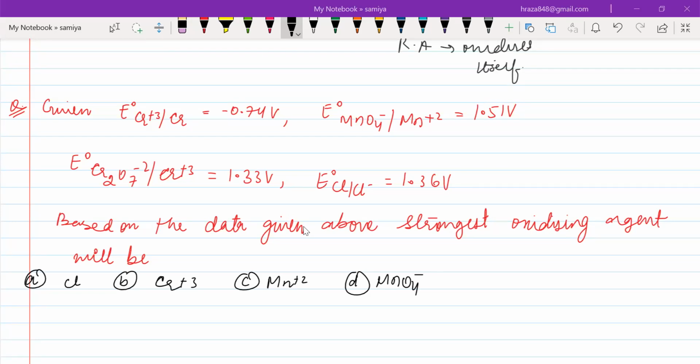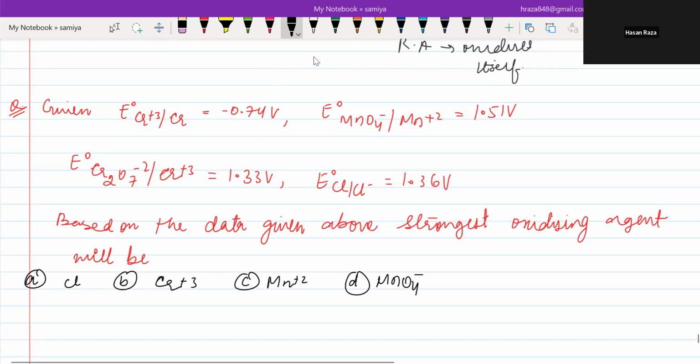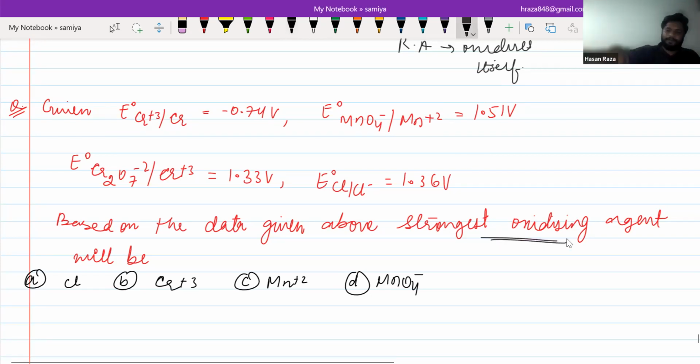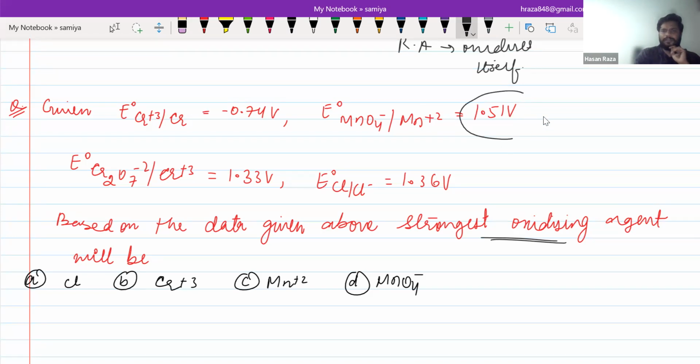Any answer apart from D is a wrong answer. You can see the strongest oxidizing agent, the E naught value, the species which have most positive value. So most positive value is this.